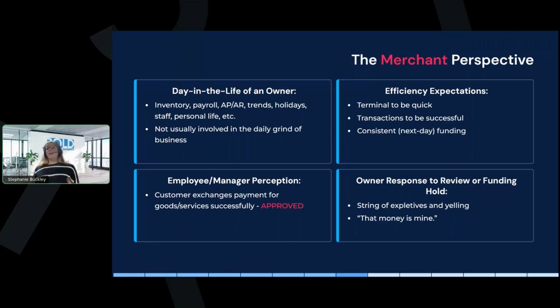All they care about is whether things are functioning properly. Their efficiency expectations are: is the terminal functioning, and is it quick? Is it giving me payments fast enough for my customers to feel comfortable and walk out the door? They want successful transactions, no declines, and consistent funding.